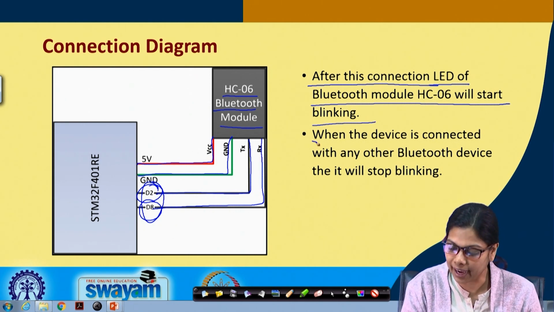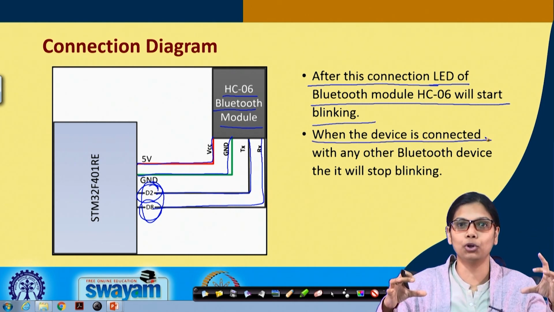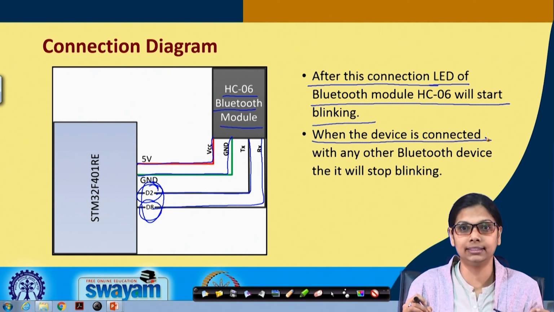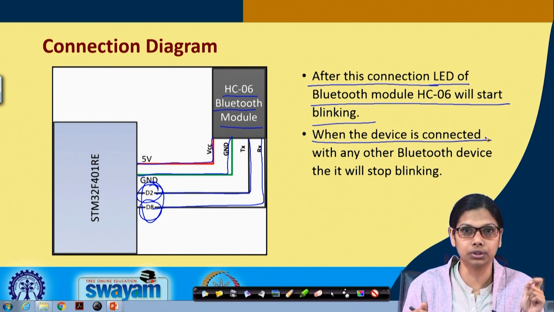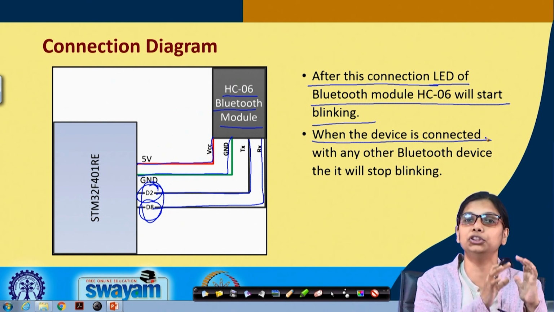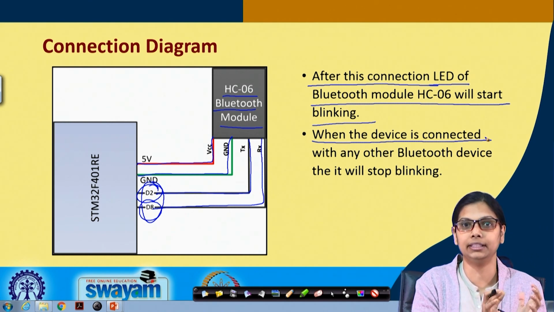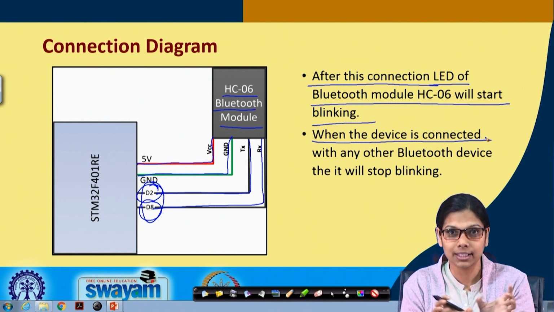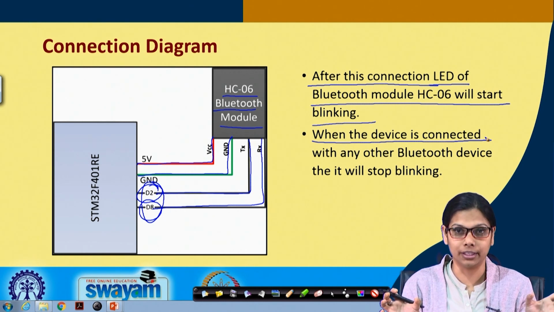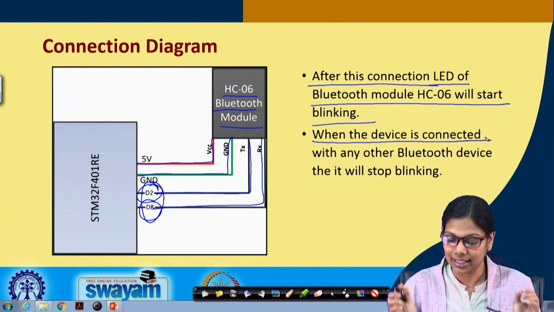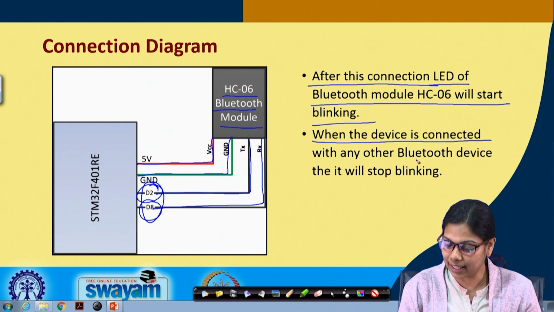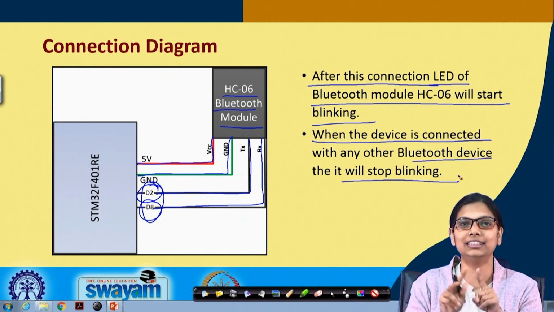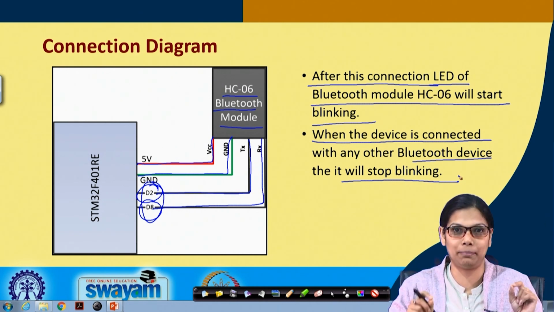Next, the Bluetooth module will be used for communicating with a device. When you connect the Bluetooth module that you have connected with the STM board to your mobile phone Bluetooth, because these two will communicate with each other, you will find that the Bluetooth module stops blinking. That means the connection between the two devices has been established.